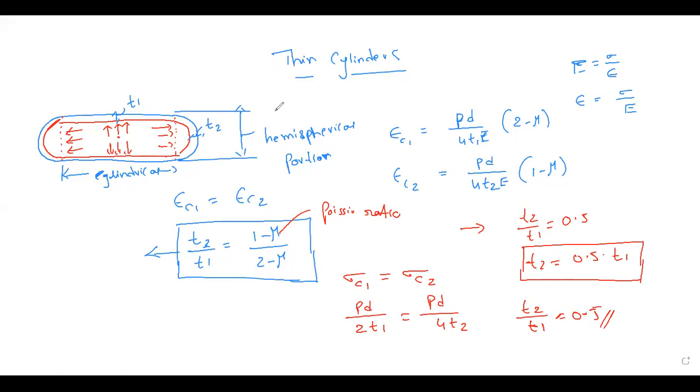Whenever you find any problem related to the hemispherical-ended cylinder, you have to remember these formulas to solve the problem. Basically they are going to ask you to calculate the thickness, but the stresses will be the same. At the ends the thickness will vary.